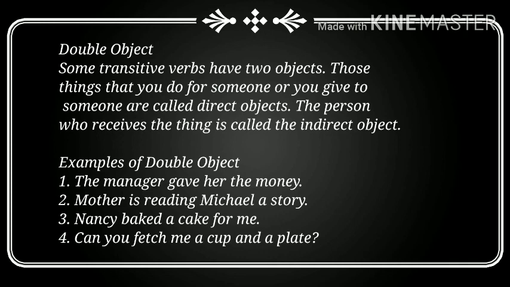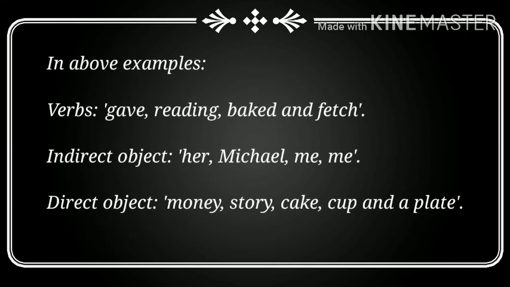Now children, in the verb examples you must have seen verbs like gave, reading, baked and fetch. The indirect objects are her, Michael, me. Okay, and one more, me. Direct objects: money, story, cake, cup and a plate.